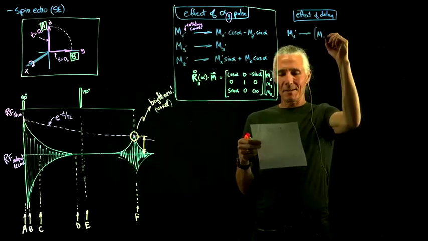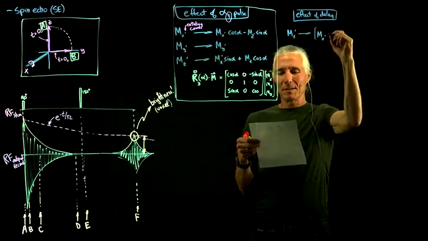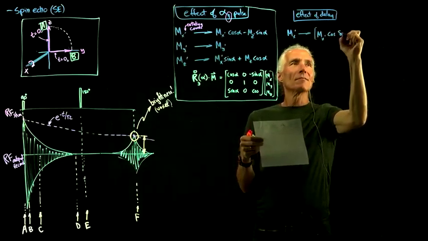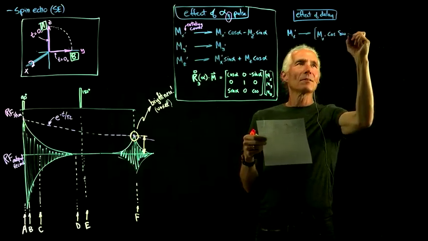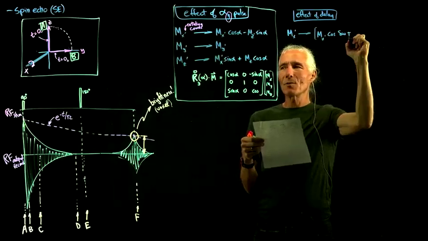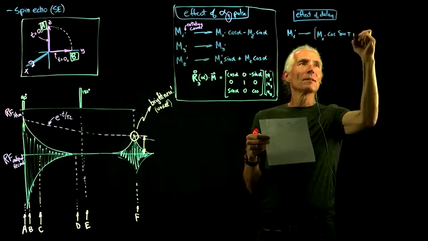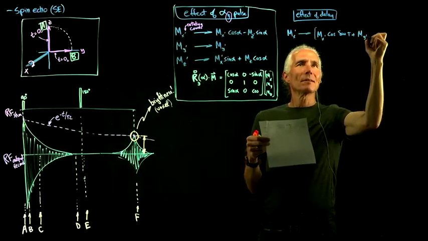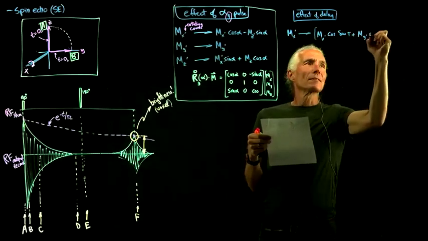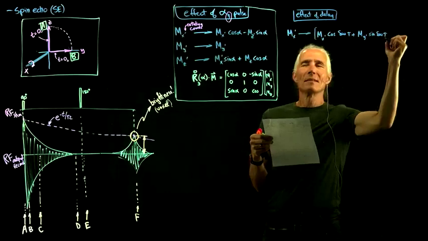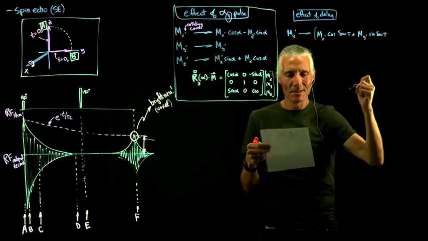So it's mx prime times cosine of whatever that rotating coordinate system frequency is, times whatever the tau time was, in order to figure out what the angle is, plus my prime times the sine of that frequency times the time in order to get an angle.